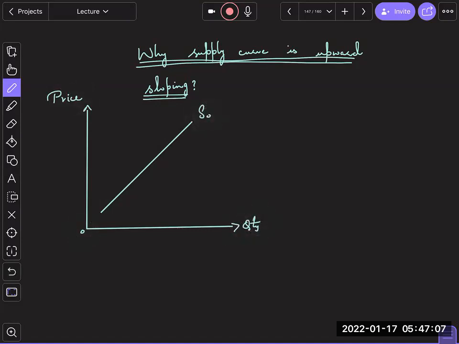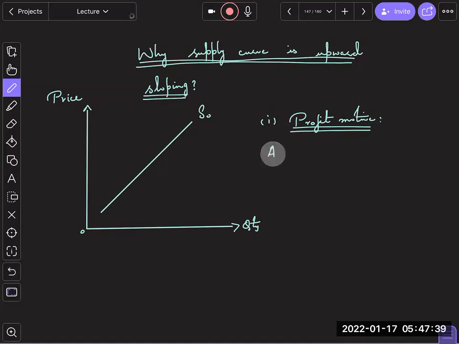The first one is profit motive. What is profit motive, guys? Profit motive basically means that as the price of a good or a service increases, the profitability will also increase. The producers can make more profit, and this encourages them to increase their output.